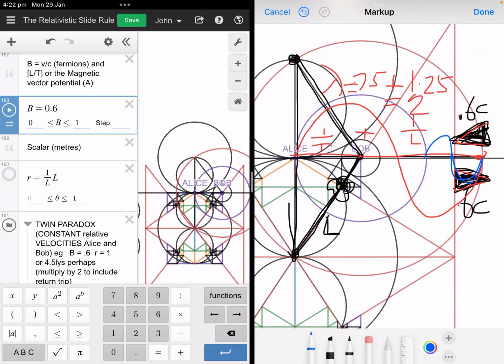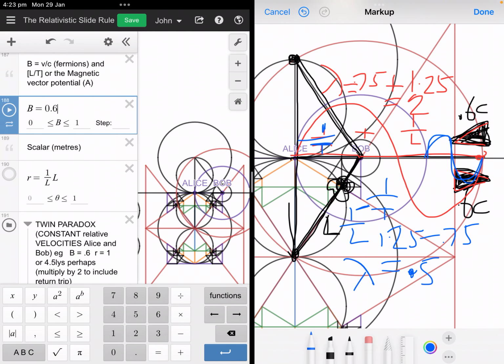But because Bob changes direction, he is going to immediately start feeling blue shifted waves. So it's like he's changed direction in the ocean, for example, and the waves he's going with the waves, and then all of a sudden he's going back against the waves. So at the halfway point, he's all of a sudden getting blue shifted waves, which is actually gamma minus 1 over t, so it's 1.25 minus 1.75, which is a proper velocity, by the way, because it's Alice's distance over Bob's time, and that's actually 0.5.